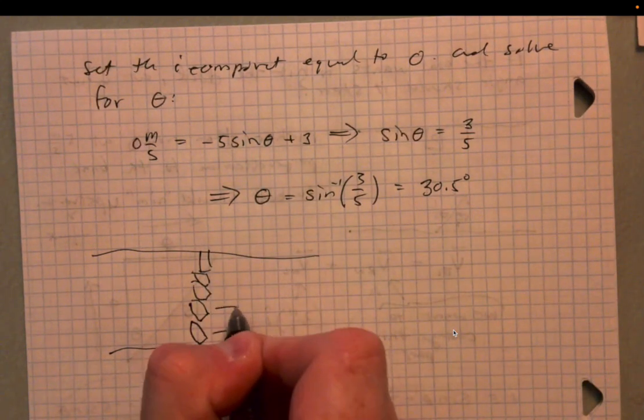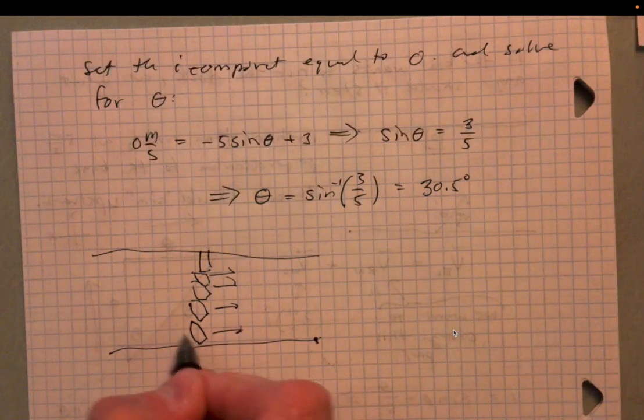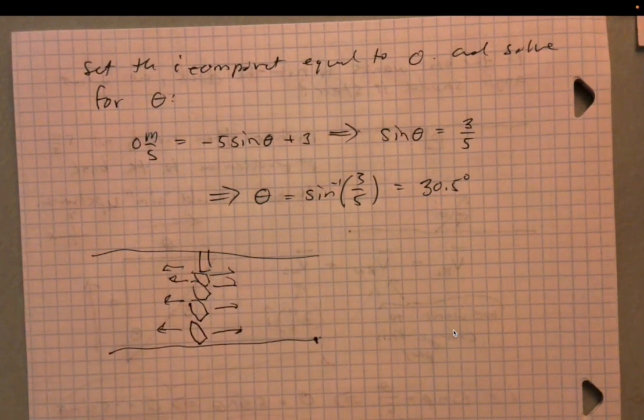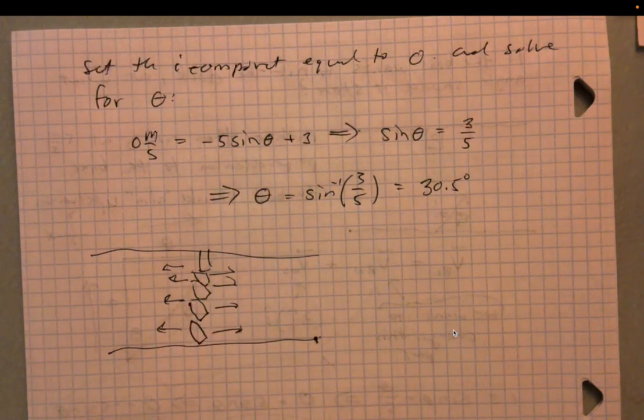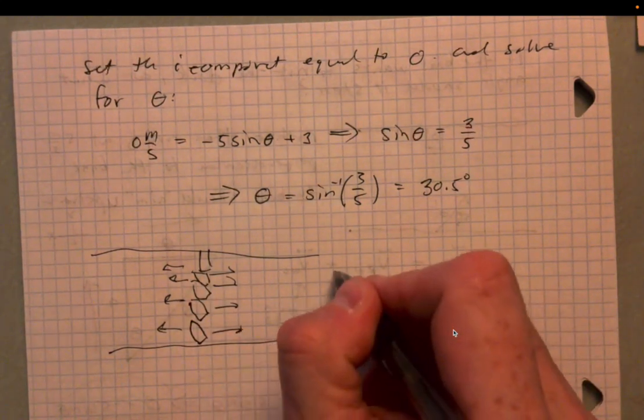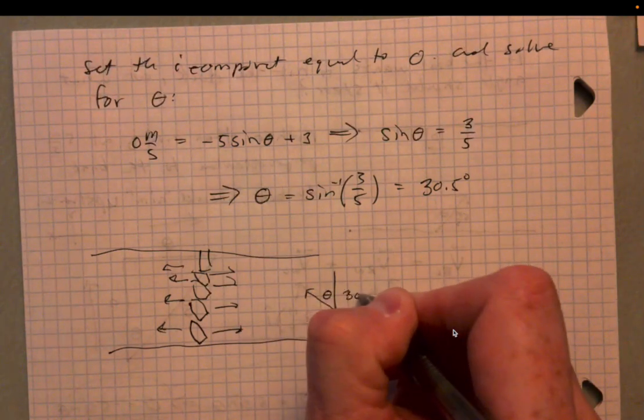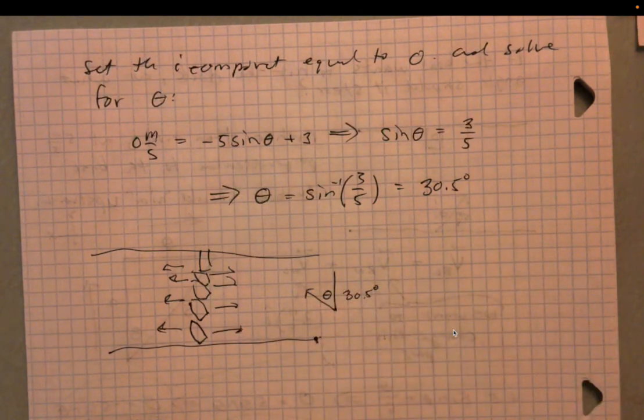The current will try to drag it down, but because its heading is a little different, it'll offset the current. The motor, namely, will offset the current and keep the boat in line with the dock. Right? And that works when this theta here is 30.5 degrees.